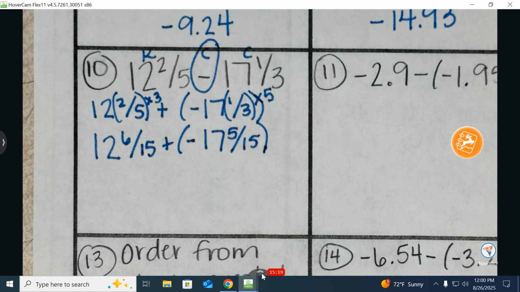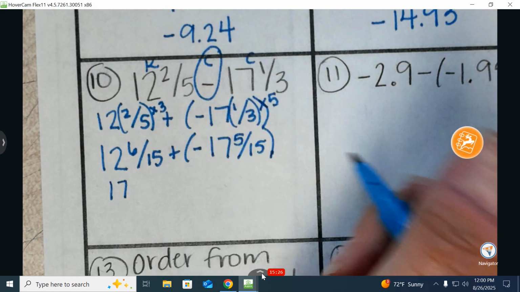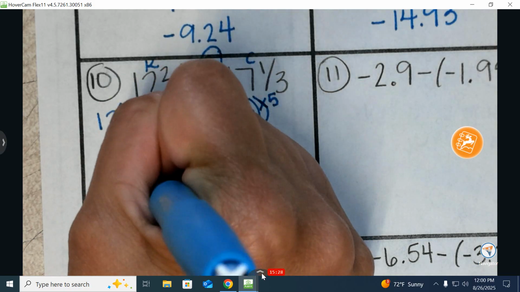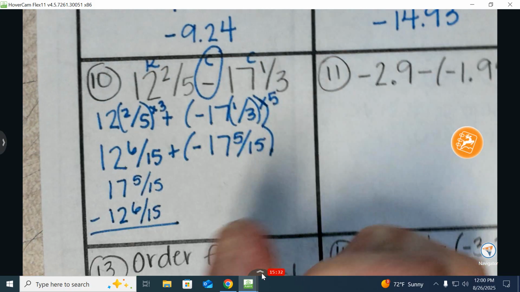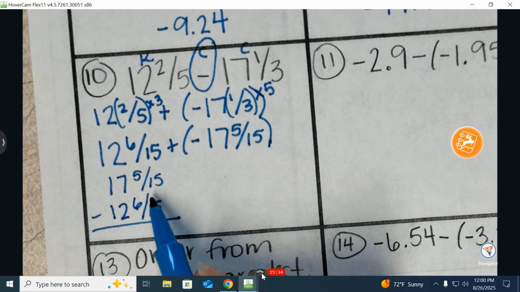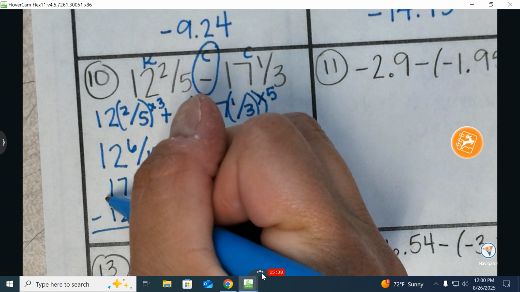So there's a couple of different ways I could do this. When I rewrite this, it's going to be 17 and 5/15 minus 12 and 6/15. We cannot subtract a 6 from a 5 here. So we're going to have to borrow. Okay?